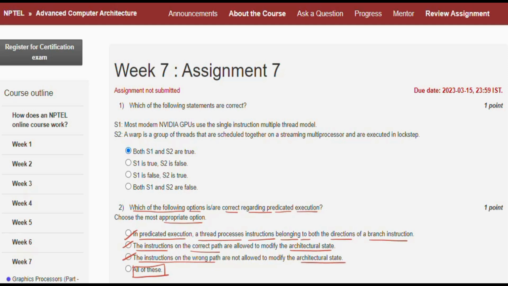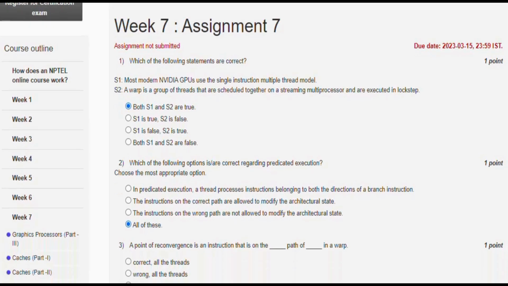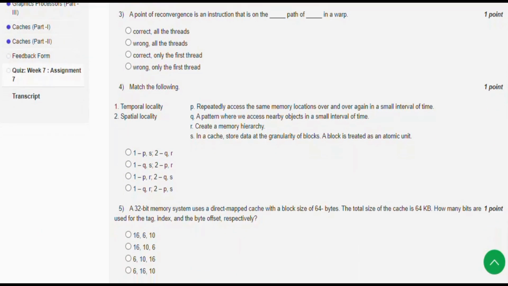Okay. So I select all of this. Now moving into the next question, question number 3. A point of reconvergence is an instruction that is on the dash path of dash in a warp.